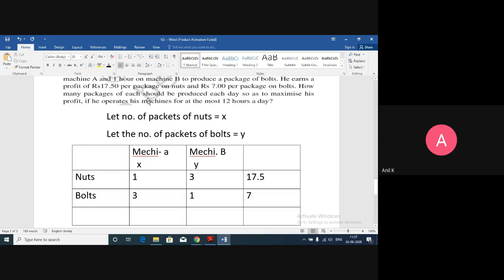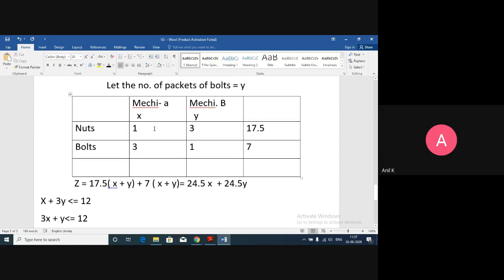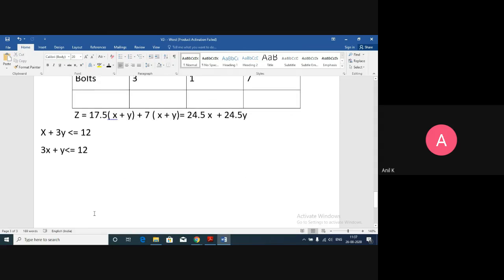If he operates his machines for at most 12 hours a day, each machine can run 12 hours. Here machine A is x plus 3y, and here it is 3x plus y, less than or equal to 12. For making x plus 3y, because making nuts and bolts together, it will be less than or equal to 12. And here it is making nuts and bolts again, which is less than or equal to 12. These are the equations to be simplified.